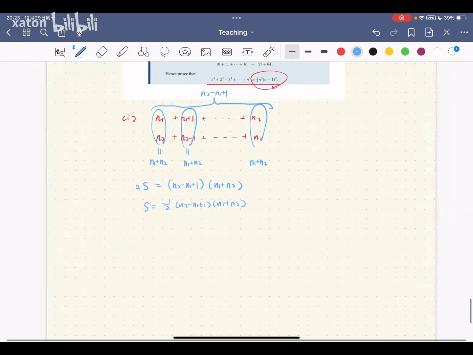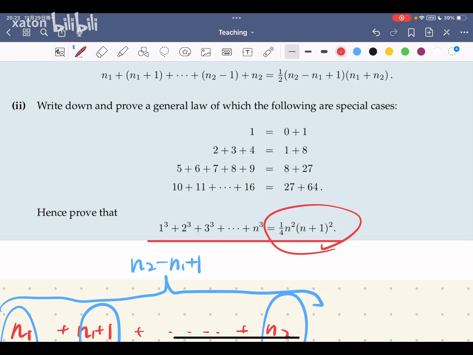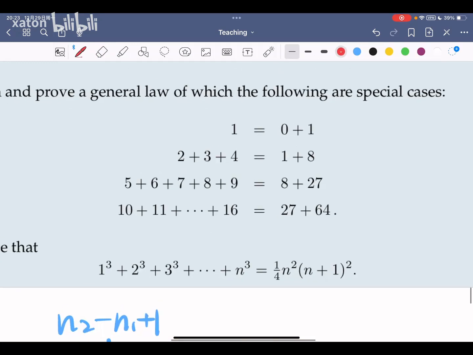Yeah, let's go. Let's look at the second part, the real part. There is an interesting thing: this is a square number, this is a square number, this is a square number.